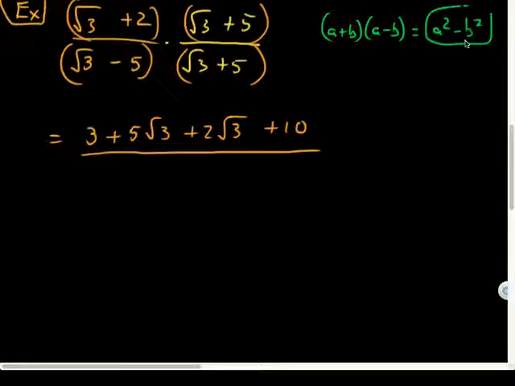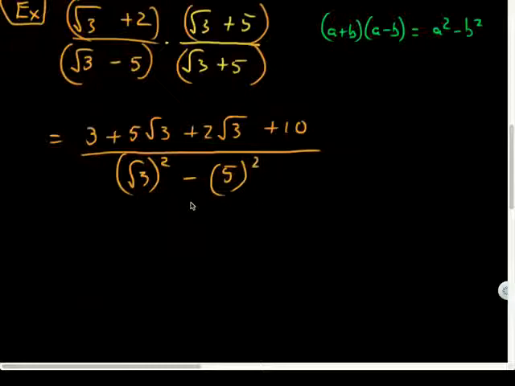It's the difference of squares pattern that we memorized way back when we were factoring. So A is the square root of 3, so that'll be the square root of 3 squared. And B is 5, so that'd be minus 5 squared. By the way, this is always a minus sign here for this pattern, never plus. So you actually can choose 5. You could technically plug a negative 5 in here, but it still won't matter because that'd be positive anyway.